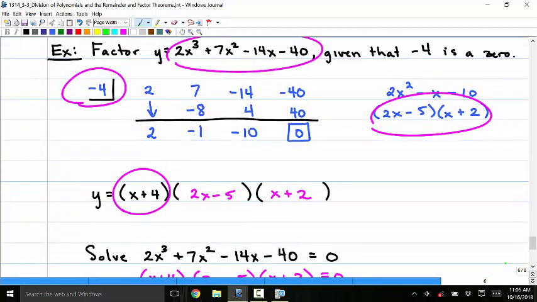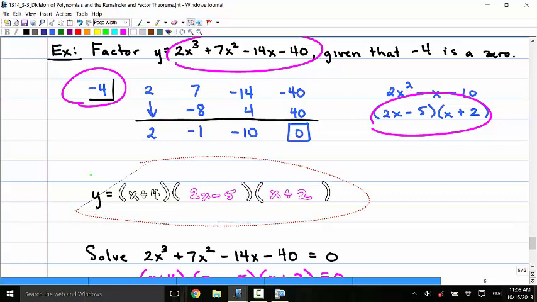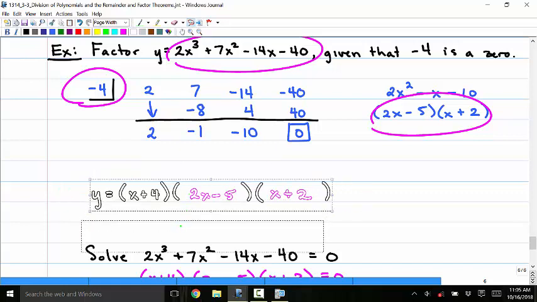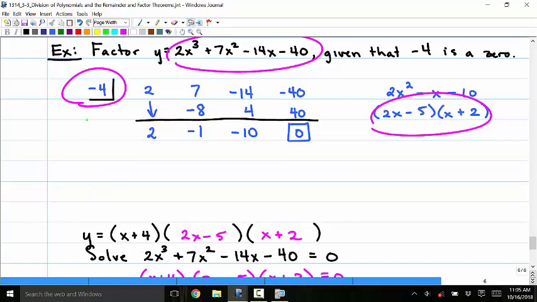Something I want to show you, you do not have to write this down, but it's coming in the next section. Had I only known the negative 4, and I looked at my graph and saw that negative 2 also worked, watch this. I can put a negative 2 here and use these numbers to do synthetic division on it.